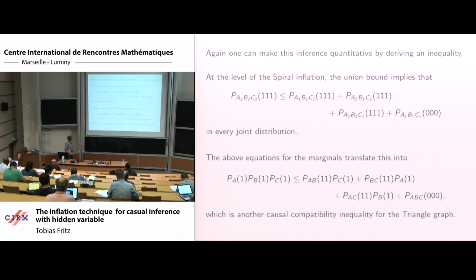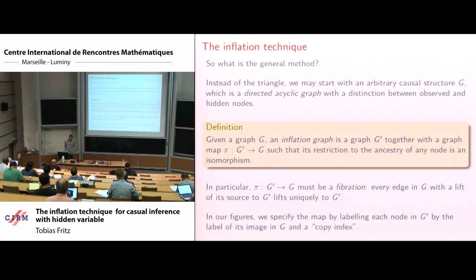Okay. Now let me get to the general technique. So the general method is a method for causal inference with hidden variables. And it's also fairly flexible. So I'm focusing here on the case when the observed variables all take finitely many values and the hidden variables are arbitrary. But one can certainly apply it in many different variations, for example with Gaussian variables.